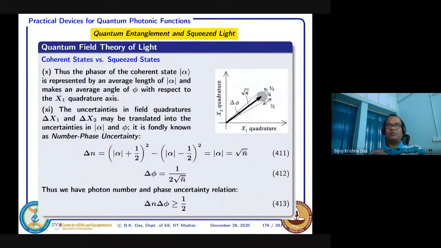That means you have two quadratures, x1 and x2. The only thing is that if you squeeze one, that squeezing comes at the cost of relaxing the other quadrature, right? So how much factor you are squeezing, that is measured by the R value.